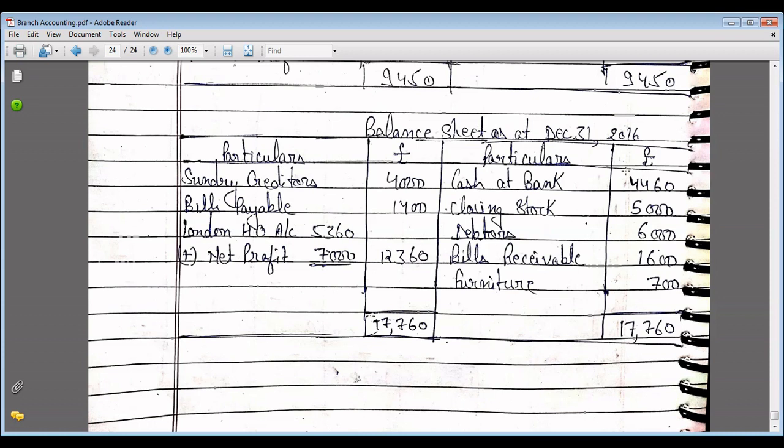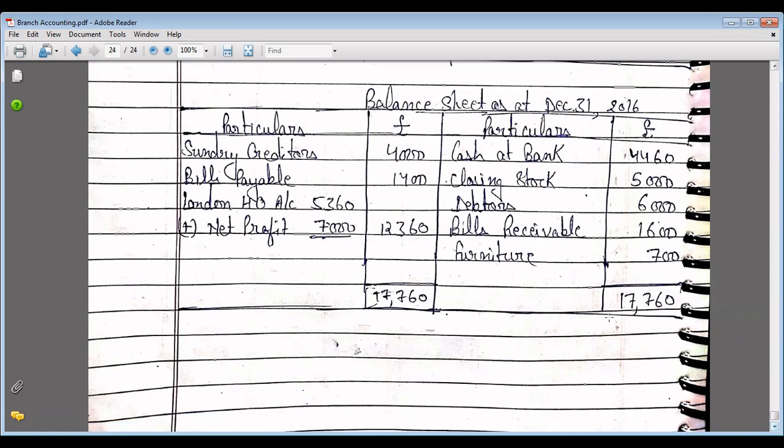Then cash at bank 4,460 pounds, closing stock 5,000 pounds, debtors 6,000 pounds, bills receivable 1,600 pounds, and furniture 700 pounds. And here the total of the balance sheet tallies. This liability side is 17,760 pounds, and asset side is also 17,760 pounds. So this is the example of foreign branch.